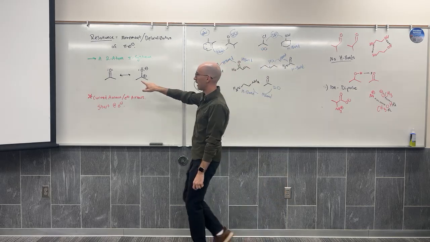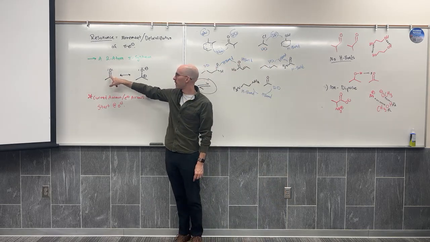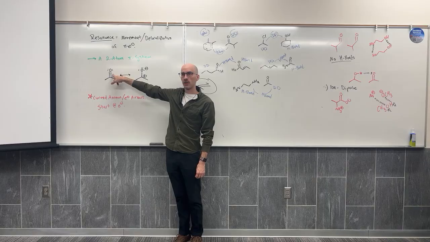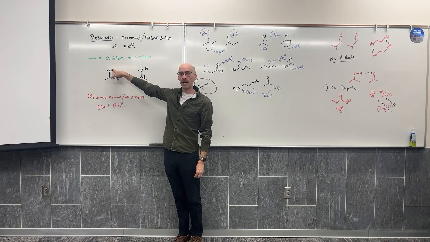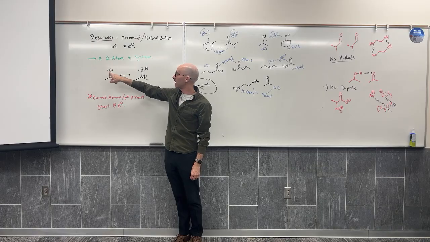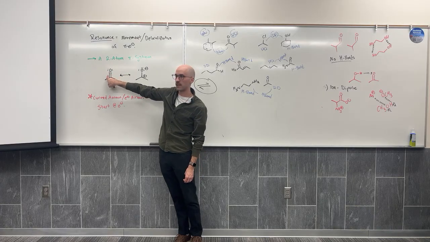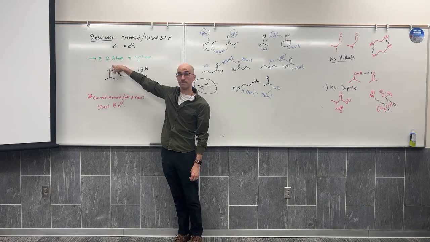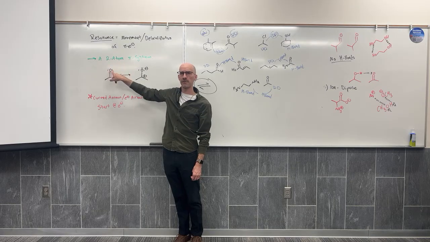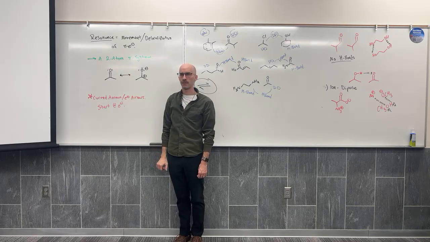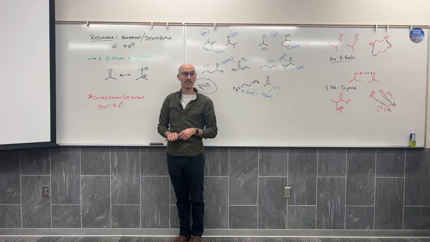So I want to say on this structure on the left, the pi electrons stopped being shared and were taken exclusively by oxygen. I want to say that the electrons are moving from here to here. So my arrow starts on the pi bond. Which of those two lines is the pi bond? Yeah, what a silly question.